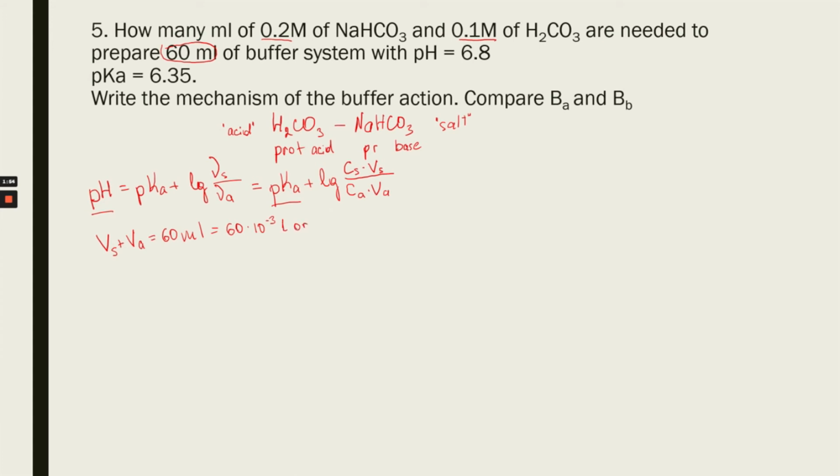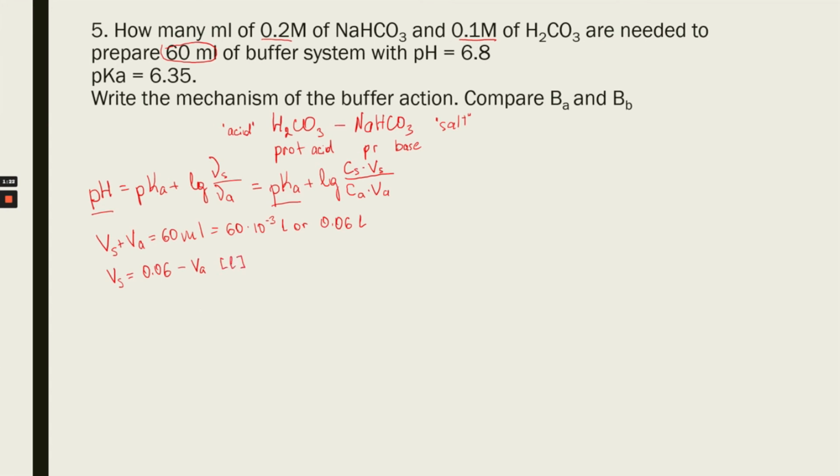Or we can also write 0.06 liters. So we can say that the volume of salt is equal to 0.06 minus the volume of acid. And this is if we measure everything in liters.